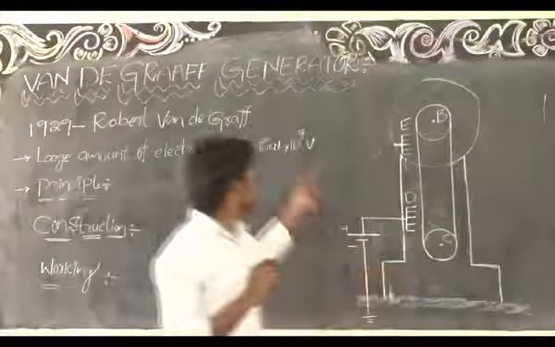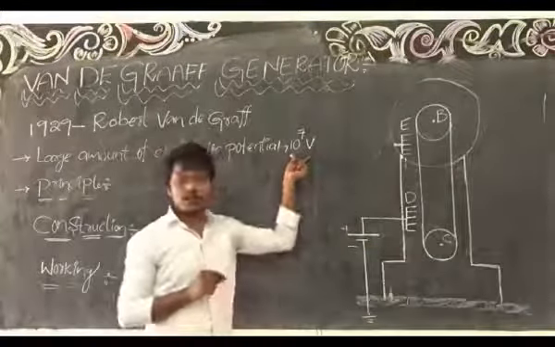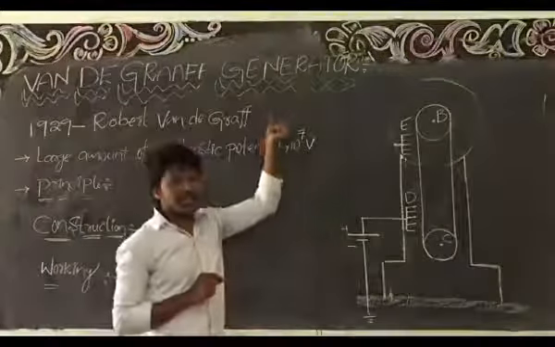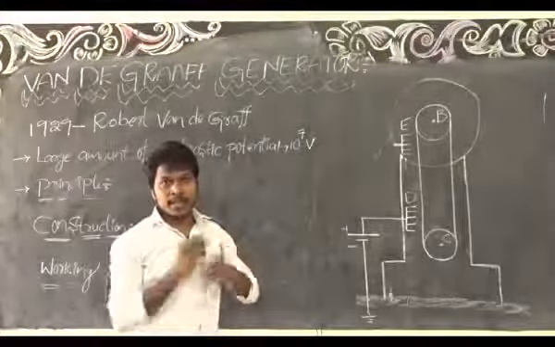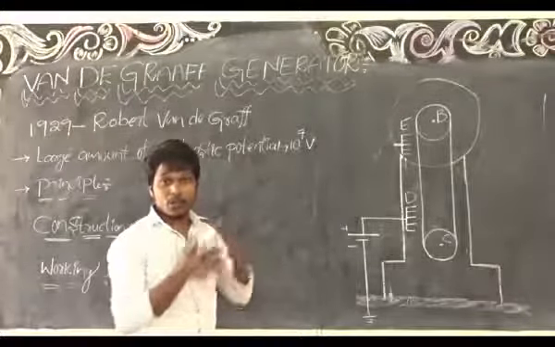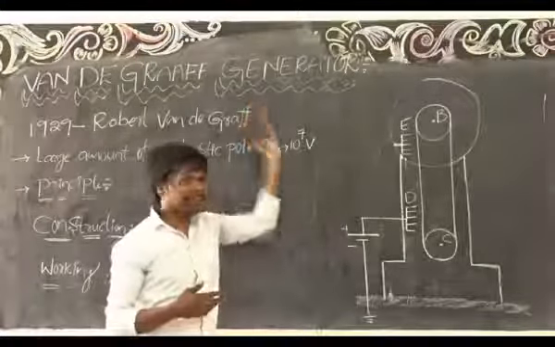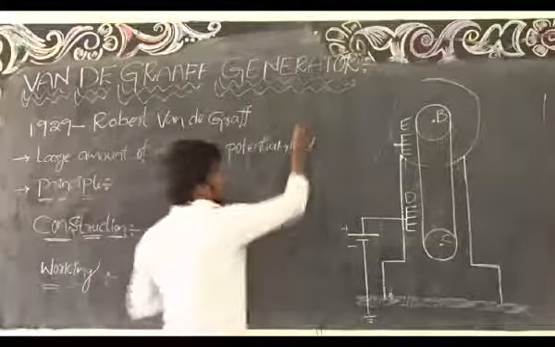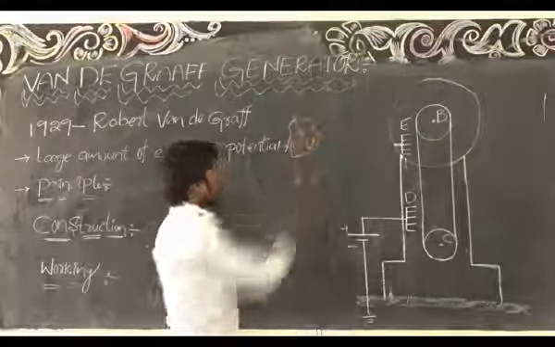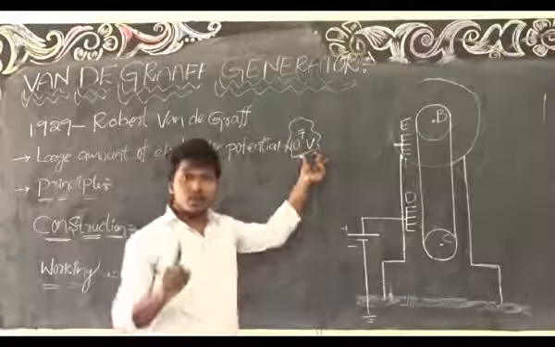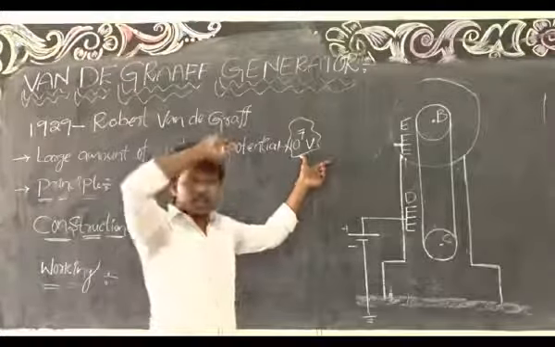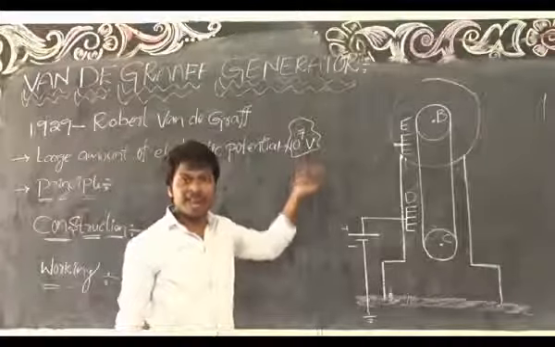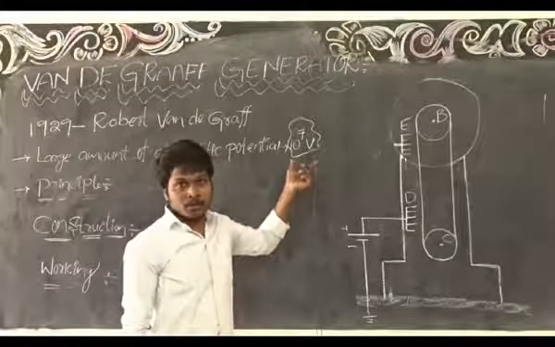We are able to produce a potential of 10 power 7 volts by the use of the Van de Graaff generator. That is a limiting value.